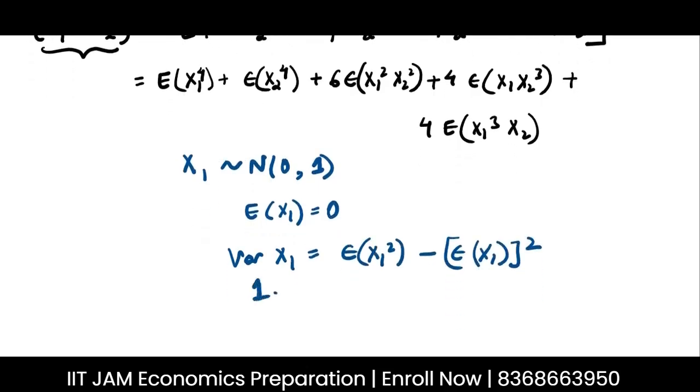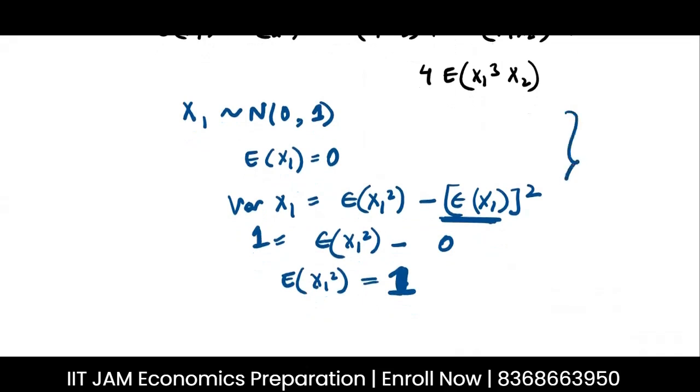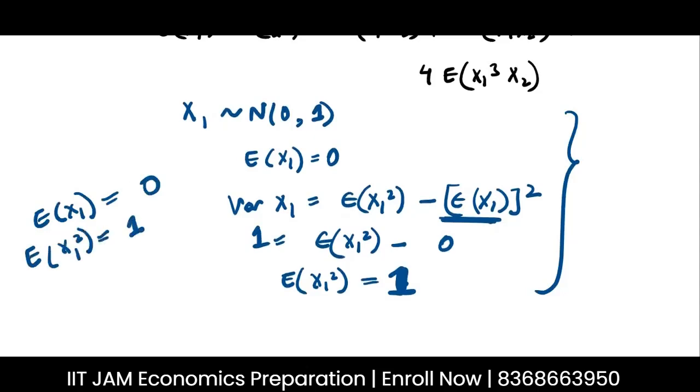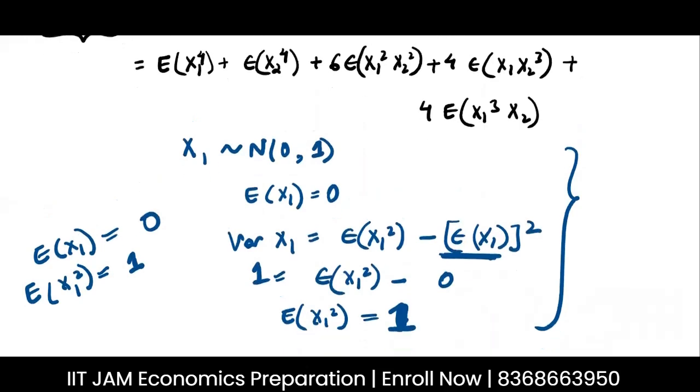So this is 1 is equal to E of x1 square minus 0. So E of x1 square is also 1. Now these are the two things that we know, that E of x1 is 0, E of x1 square is 1.